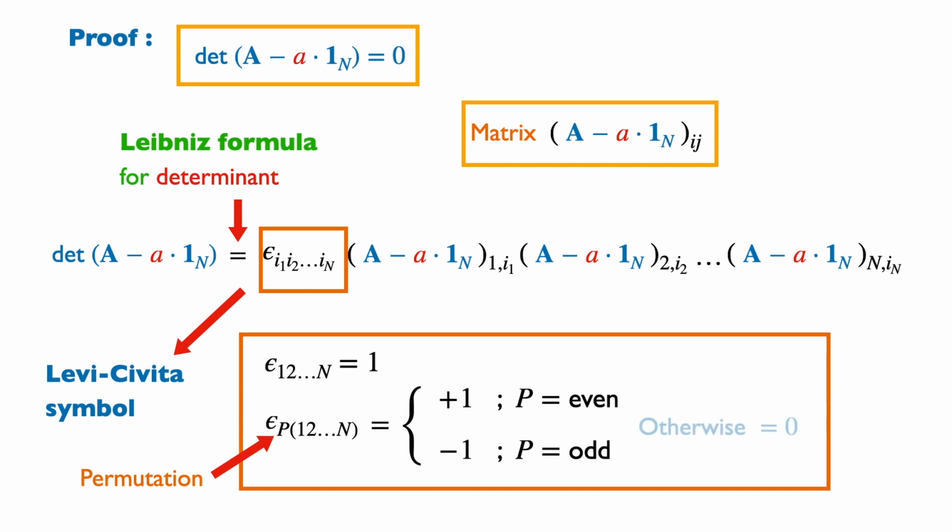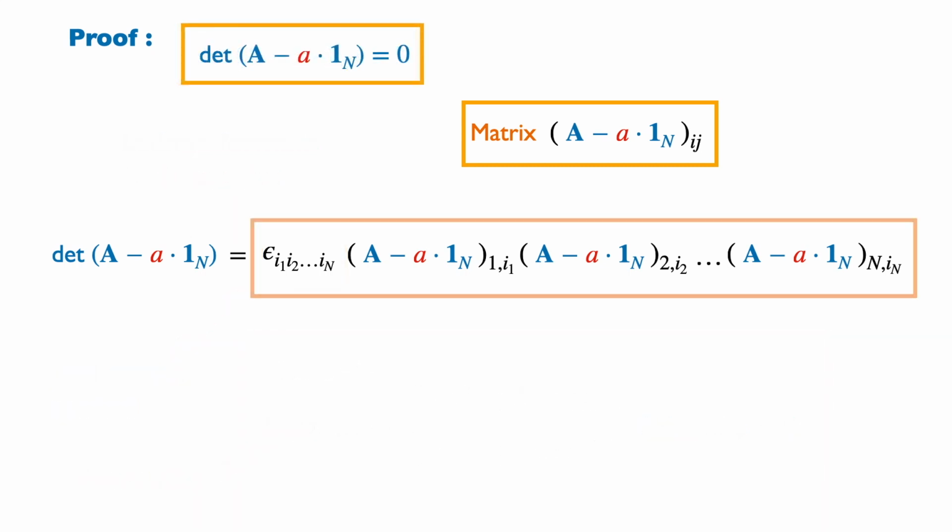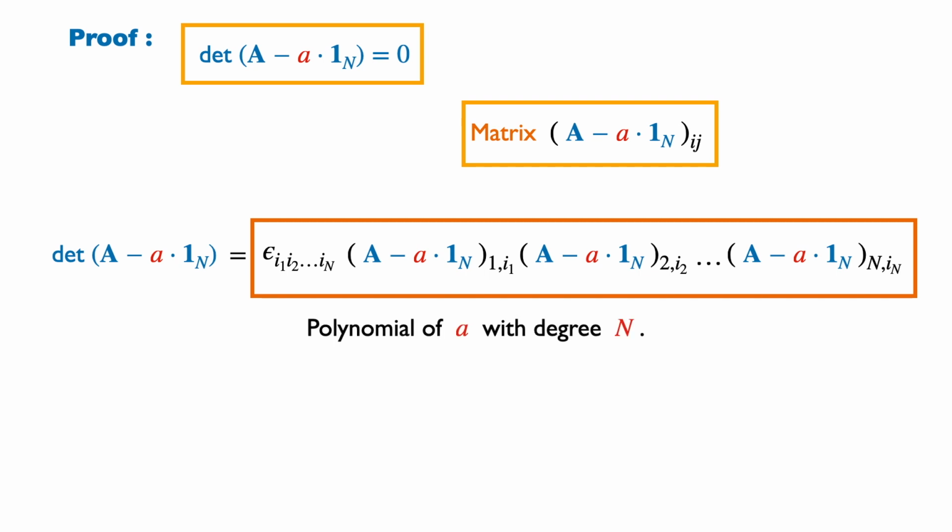Otherwise, it is equal to 0 if any of the indices is repeated. Notice that this expression is a polynomial of A with degree n, meaning that the maximum power of A is n. This can be seen from the multiplication of n terms, where each could contribute a factor of A. We denote this polynomial by Pn of A.